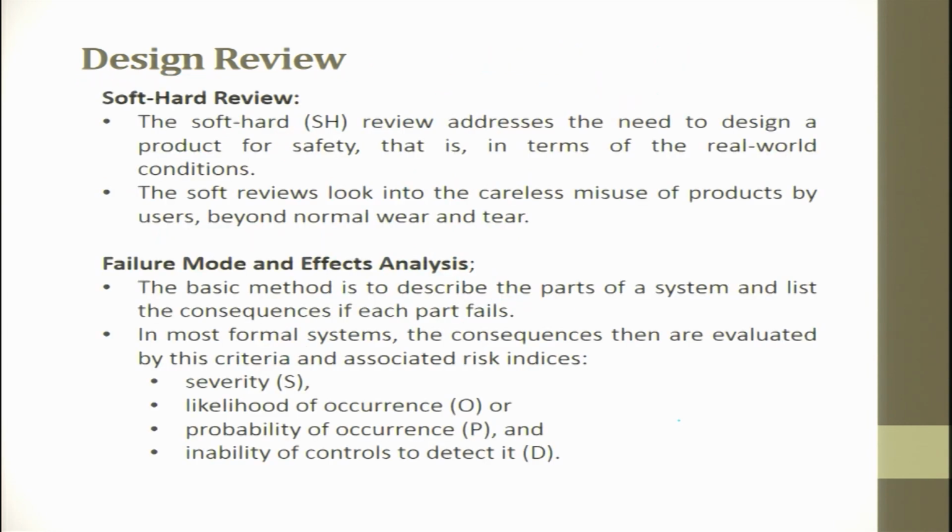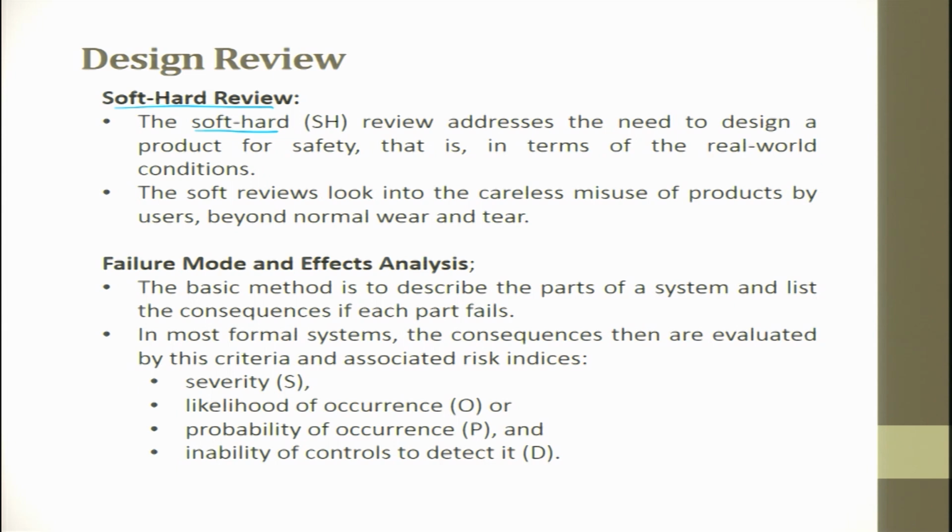In the design review, we have soft and hard reviews. Soft and hard reviews address the need to design a product for safety in terms of real world conditions. So, this is SH review. The soft review looks into the careless misuse of products by the user beyond normal wear and tear.